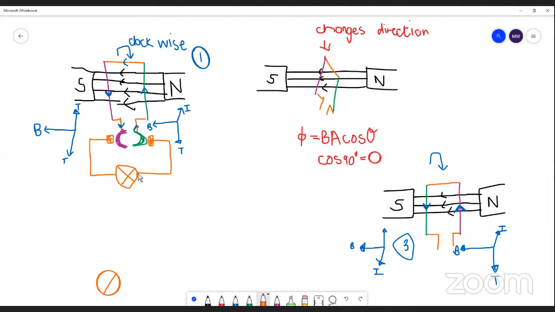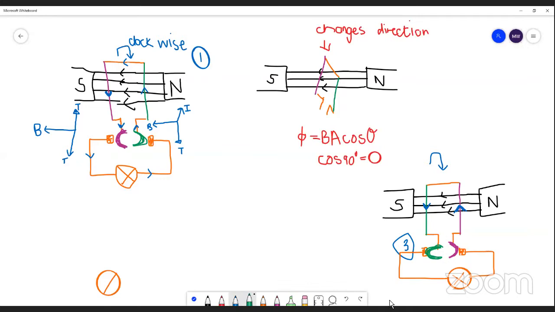No, Sean, split ring makes a DC. So look at this. Okay, so if you're in position number 1, it means my current's going to go this way through my light bulb, right? Okay, when it then gets to position number 3, this happens.